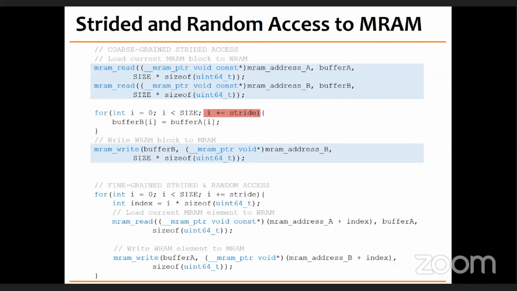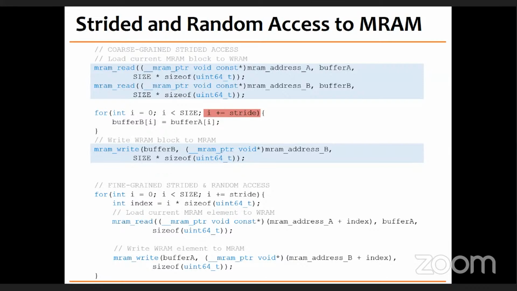The good thing is that WRAM is pretty fast. We can get 1 value every cycle. But the problem is that we are not going to use all the data that we are moving, right? Because we are accessing in stride. And that's what we call the coarse-grained strided access.